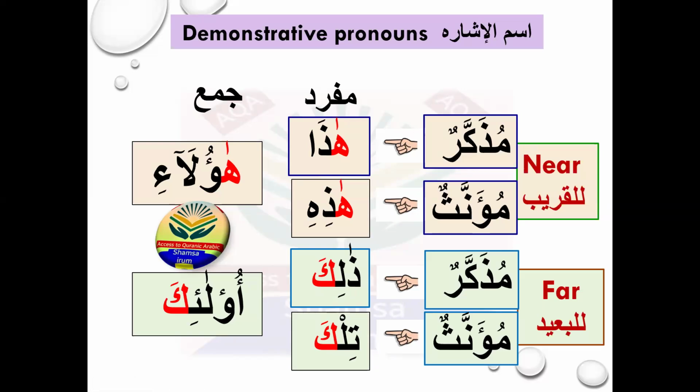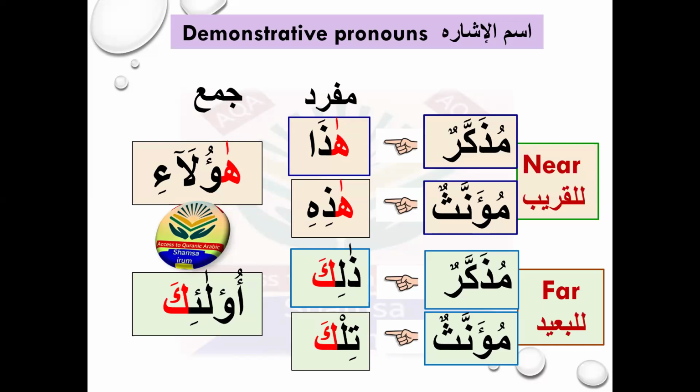It's just a hint that you can memorize easily, because during my student time I was so upset that I mixed them up. Sometimes I used hadha for ishara lil ba'id, and dhalika for ishara lil qarib. So I thought about how to memorize them.